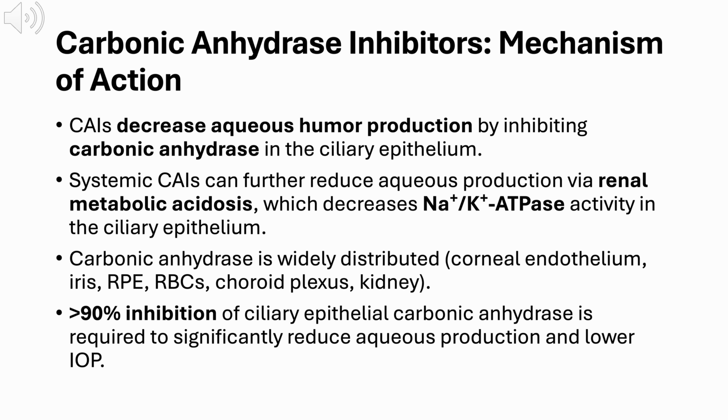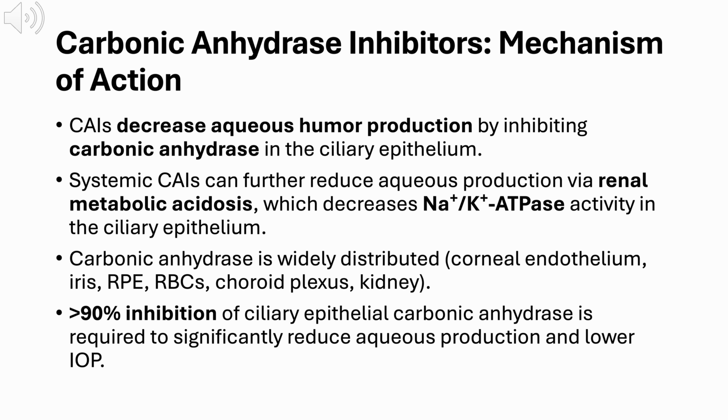Next, let's shift our attention to carbonic anhydrase inhibitors, or CAIs. These medications reduce intraocular pressure by limiting the formation of aqueous humor. They block the enzyme carbonic anhydrase in the ciliary epithelium, which decreases bicarbonate production and fluid transport into the posterior chamber.